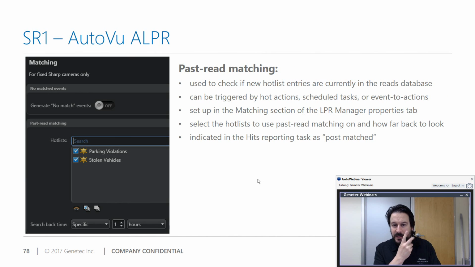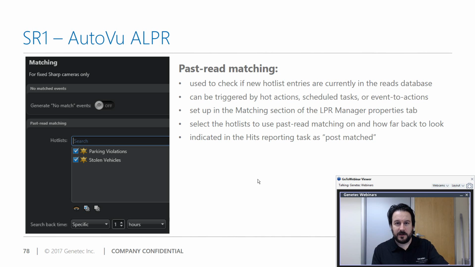Another thing that we've added with AutoView is something called past read matching. Basically, this is a way to check if anything that's been added to a hot list was previously seen before. It's a nice little thing where if you add a plate to a hot list, it's going to go back and look over a certain period of time and see, well, you just added it today, but this guy was in violation yesterday.